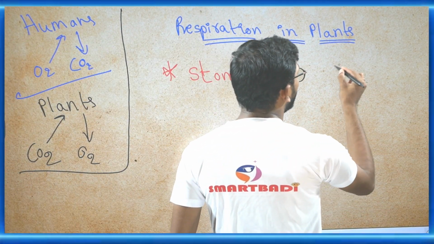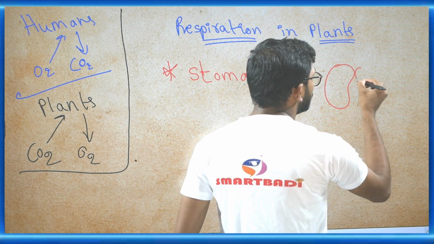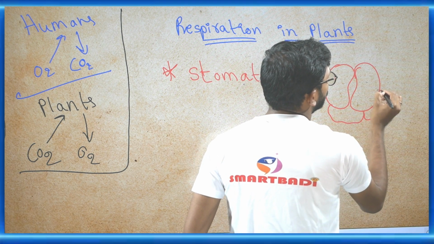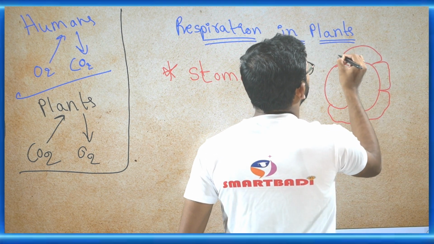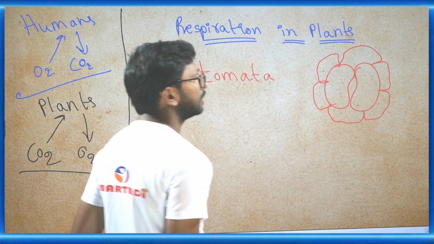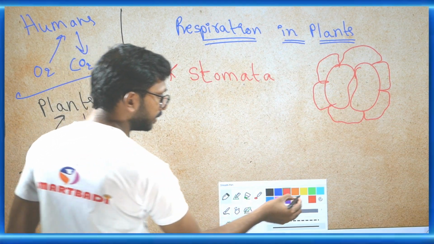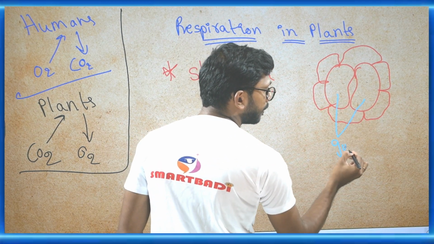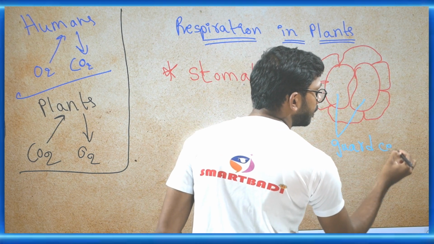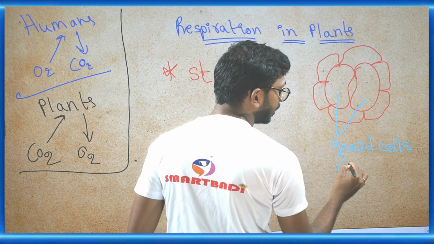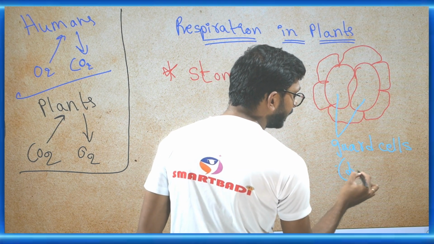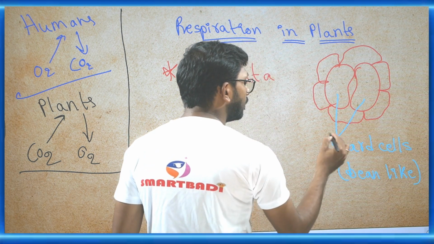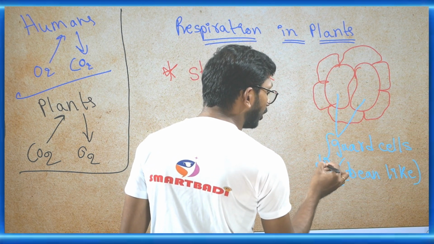And what is the structure of stomata? It is a guard-like structure, and it is covered by outer layers called epidermal cells. Let me label it. The inner two cells are called guard cells. The guard cells are bean-like in structure in dicot plants.